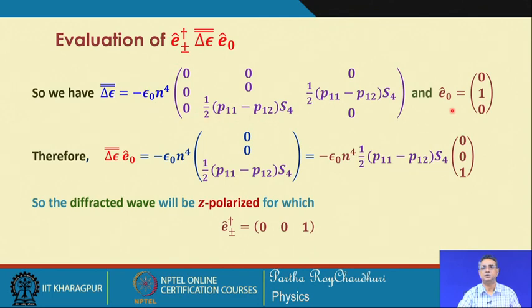So, if we post multiply with this 0 1 0, then you see that if you multiply only this column, this will be the non-zero quantity which appears here.